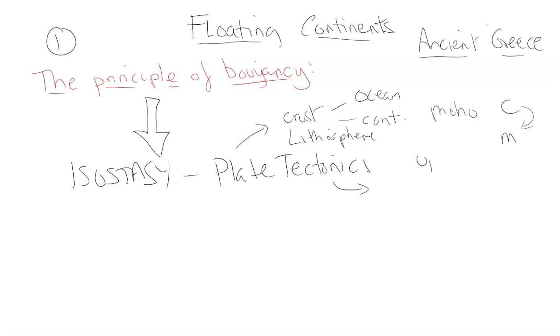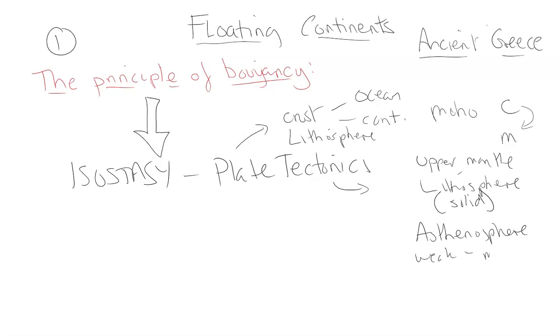In this case, that is the upper mantle, which includes the lithosphere, which is solid, with increased density as you go deeper, and then obviously into the asthenosphere, which is our weak layer, which has some magma and some fluid properties and some plastic nature in terms of the way it moves. And we have convection currents. Again, I have a whole video on this if you want to check it out, on both the upper mantle, asthenosphere, and crust, lithosphere.